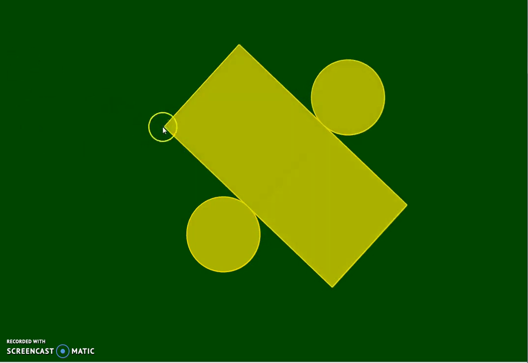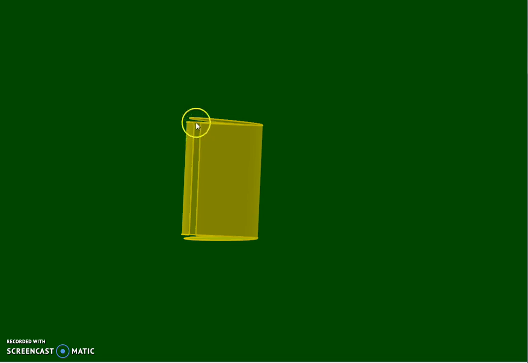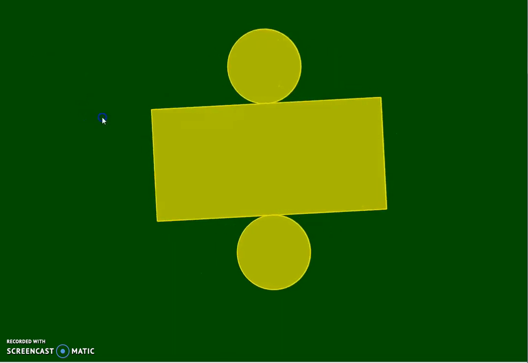As this unfolds, this linear distance here is the same as the distance around the base, which makes this distance the circumference. And if you take a look from the side, you can see that this distance is the height of the cylinder. So as we unfold it, the length of this seam is the height of the cylinder.